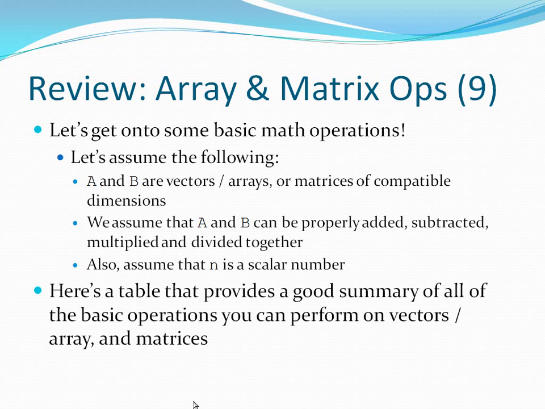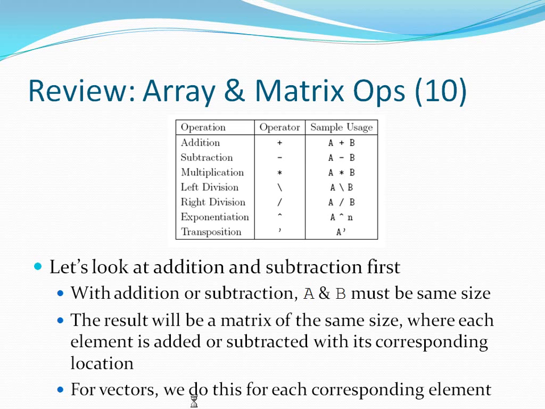Okay, so with all these assumptions, here's a quick little table that provides a good summary of all the basic operations that you can perform on any vector, any array, or any matrix. Addition and subtraction we've seen since childhood. When you're dealing with addition and subtraction of matrices, you have to be sure that they're both the same size, so the rows and columns are both the same.